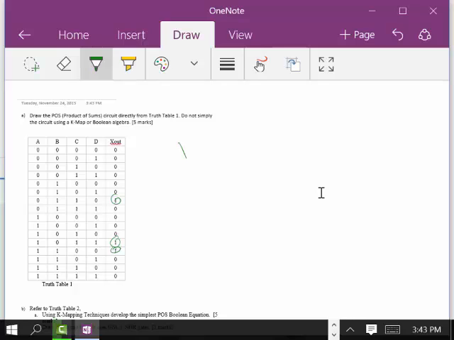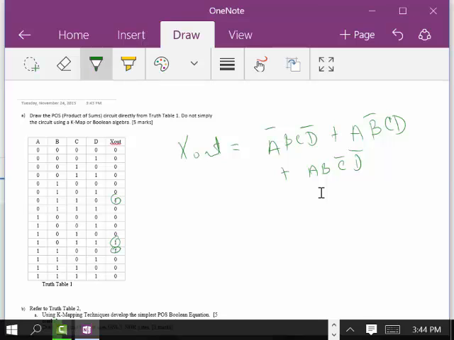So it's going to be X out is equal to A naught, B, C, D naught, or A, B naught, C, D, or A, B, C naught, D naught, right there. So that's really all you need to do for that one.